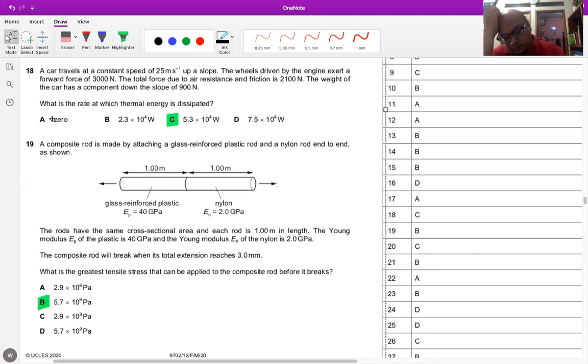Wow. I remember about power. Power equals FV. But F is the resultant force, because they move on the slope, down slope.